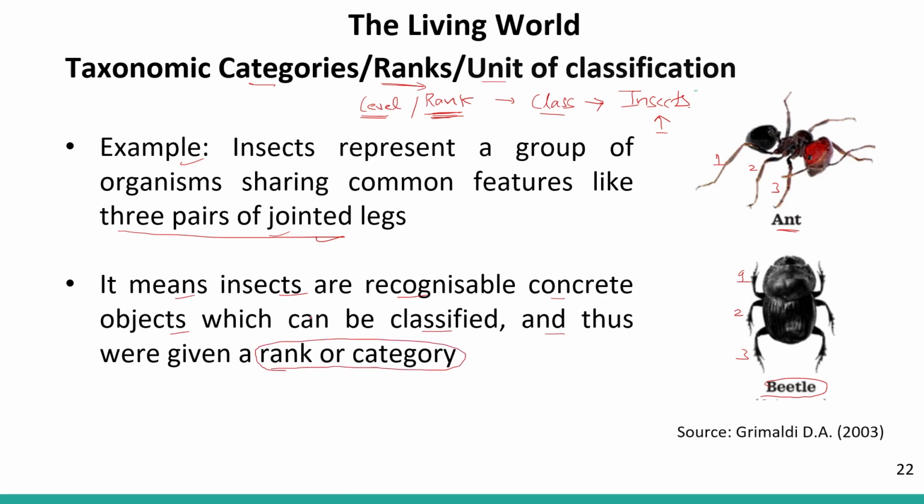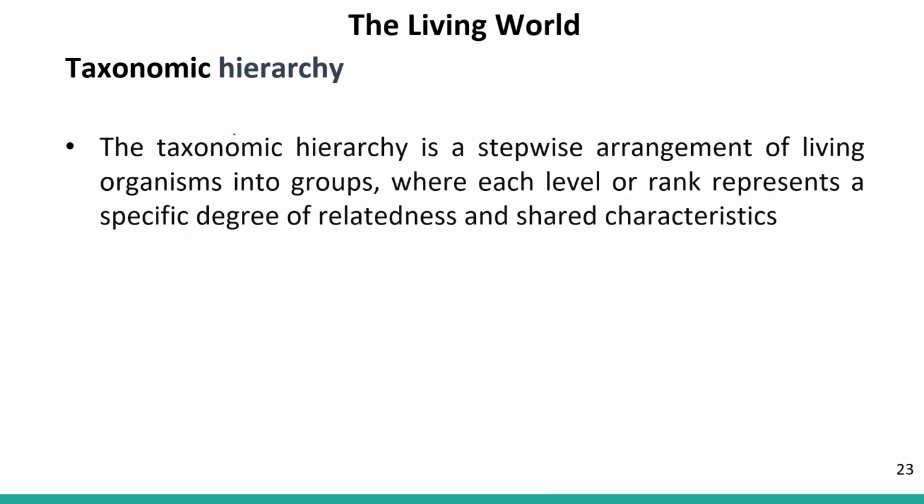Okay, so now you understood why taxonomic categories are also known as taxonomic ranks. Now let's talk about another term, taxonomic hierarchy. Taxonomic hierarchy is nothing but stepwise arrangement of living organisms into groups where each level or rank represents a specific degree of relatedness and shared characteristic.